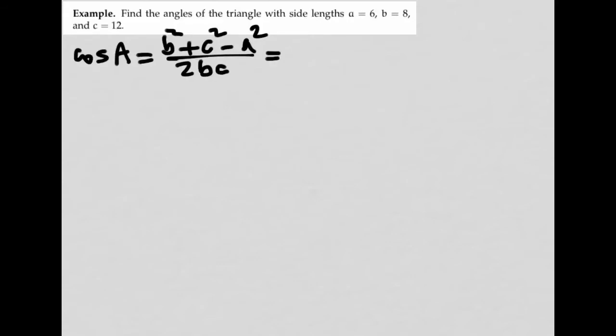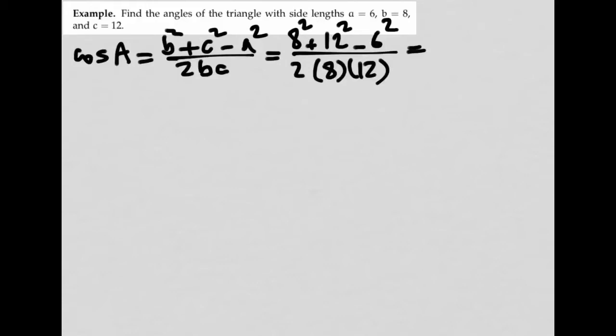First example, find the angles of the triangle with side lengths a equals 6, b equals 8, and c equals 12. So we apply the law of cosines. Cosine A is b squared plus c squared minus a squared divided by 2bc. That's 8 squared plus 12 squared minus 6 squared divided by 2 times 8 times 12.